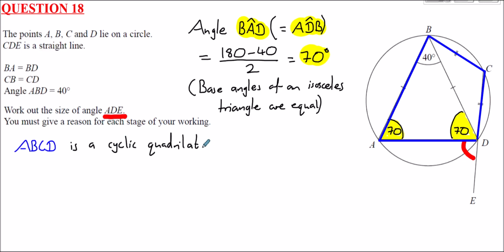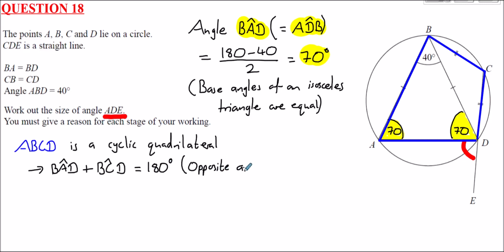And what we need to remember about cyclic quadrilaterals is that the opposite angles of a cyclic quadrilateral add up to 180 degrees. So we can say that angle BAD plus this angle C, so I'm going to call that BCD, equals 180 degrees. And the reason I'm going to put in brackets, opposite angles of a cyclic quadrilateral add up to 180.